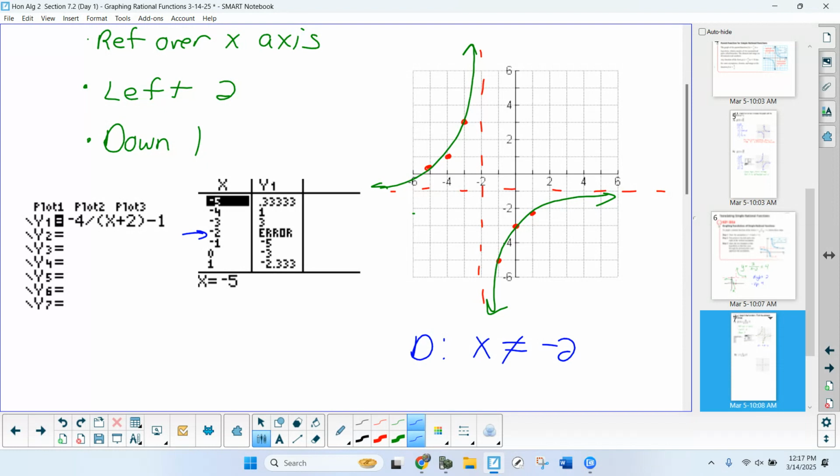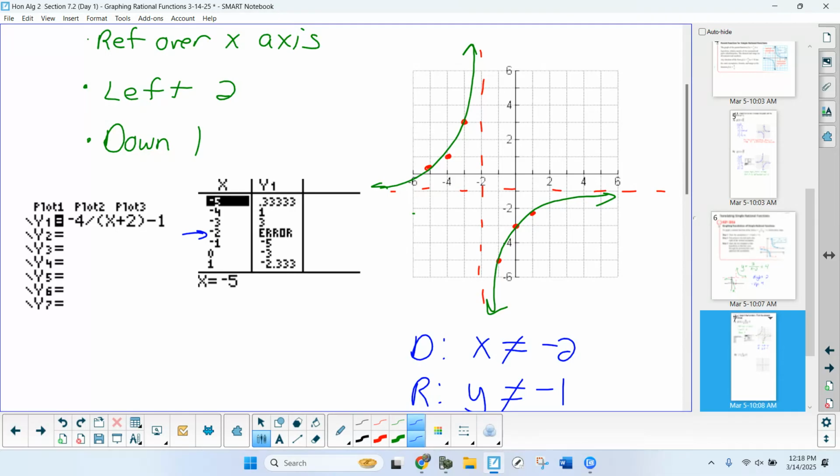What about y? What will y never be, no matter how much I try? -1. Because that asymptote shifted down 1, so y cannot be -1. Basically, your domain and range is everything except where your asymptotes are. So draw those asymptotes in and then say, okay, x can't be -2, y can't be -1.